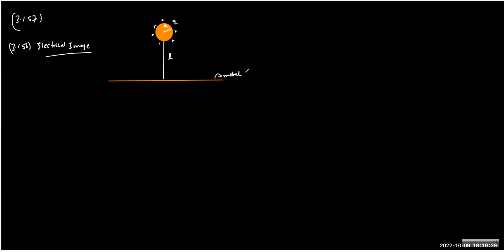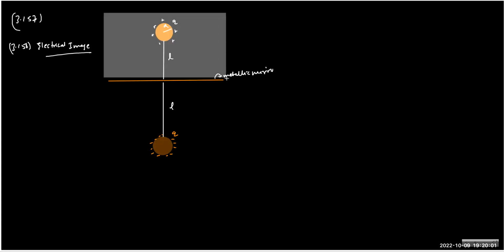You can think of a metallic mirror, and it will create a complementary charge on the other side. A hypothetical charge will appear here. You can imagine a reflection, but the charge you have to assume is minus. Everything physical is on the upper side because we have nothing physical below it. The below is empty space, but you can imagine a mirror. Assuming the reflection, you can find the resistance.